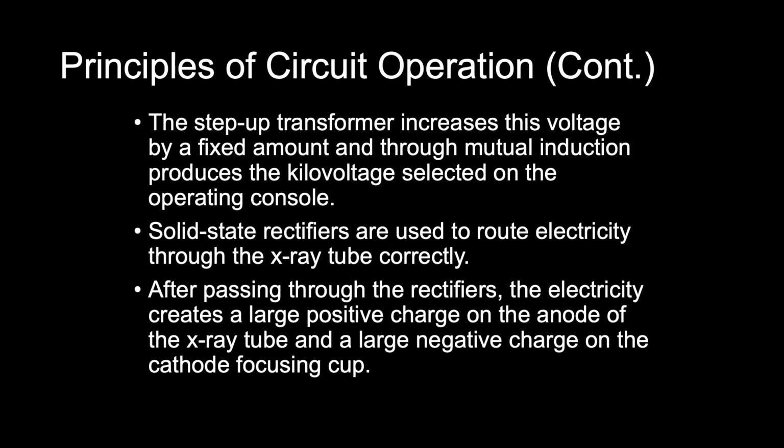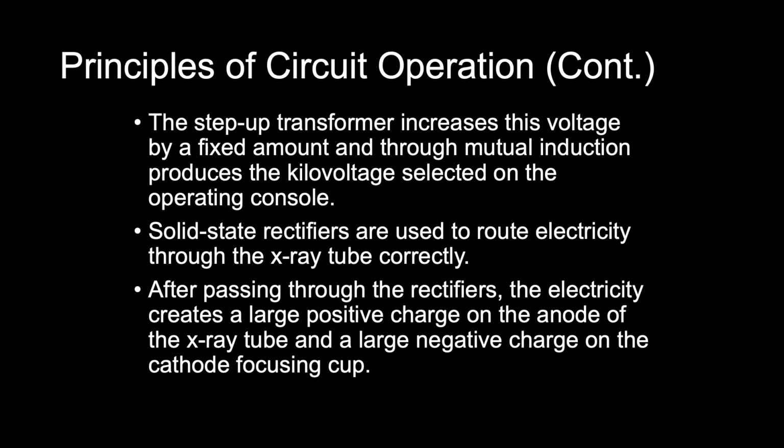Once the kV is created, it must be rectified for the X-ray tube. Where the X-ray tube is concerned, the electrons must always flow from cathode to anode. The cathode is negative and the anode is positive, so it goes from negative to positive. Solid-state rectifiers are used, and they route the electricity through the X-ray tube. The number of rectifiers used depends on the circuit type.